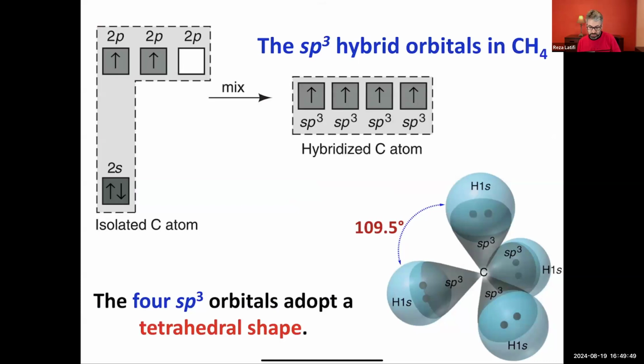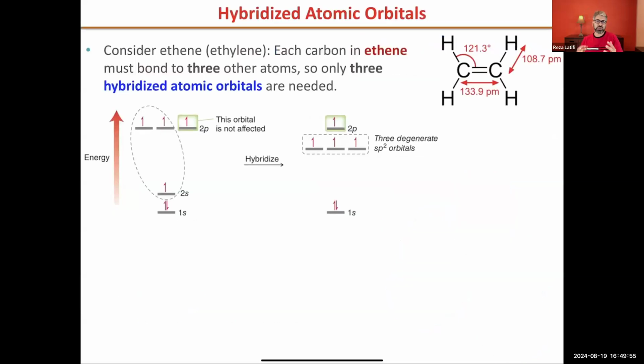Now, I showed you this in hybridization and why the bond angle is 109. But let's switch to a compound like C2H4.